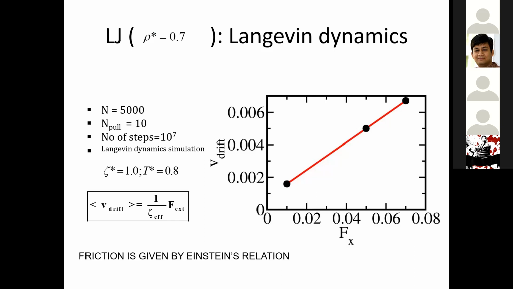Now we calculate diffusion because you are doing a simulation, both MD and Langevin dynamics. Langevin is a little more stable because you have a noise term. But whatever you do, you calculate the mean square displacement, you get the diffusion, and you use the Einstein relation to get the friction. You find those two are exactly the same.